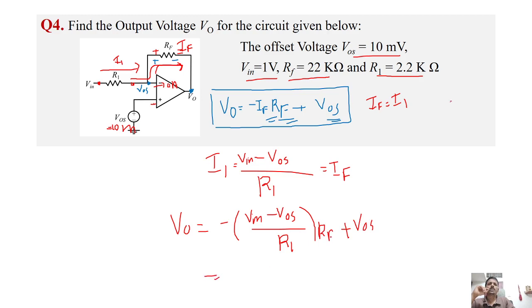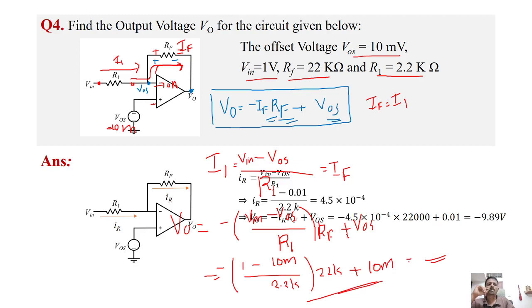On substituting, given Vin as 1 volt, VOS is 10 milli, divided by resistance R1 which is 2.2 K, and RF is 22 K, and VOS is 10 milli. Just need to substitute that and we'll get some value. If we substitute correctly, we'll get the output voltage V naught as minus 9.89. So that's how we solve this question.